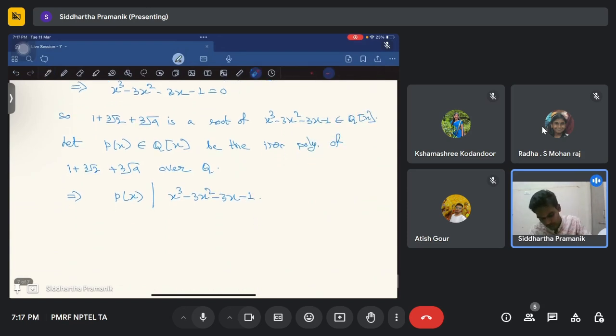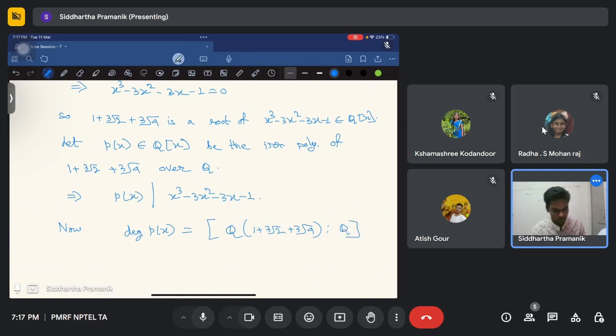Now what is the degree of p(x)? The degree of p(x) is the same as the degree of this extension, 1 plus cube root of 2 plus cube root of 4 over Q. So what is the degree of this extension?